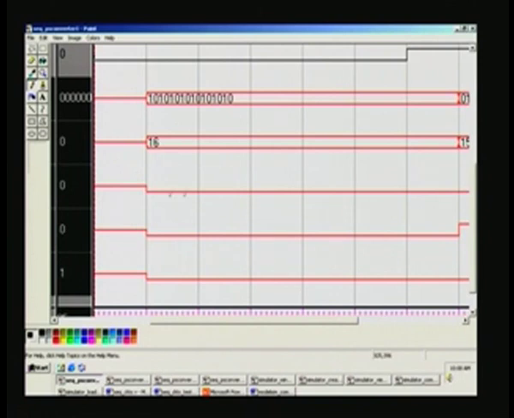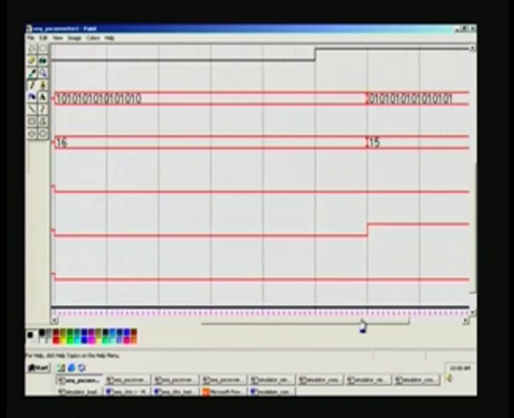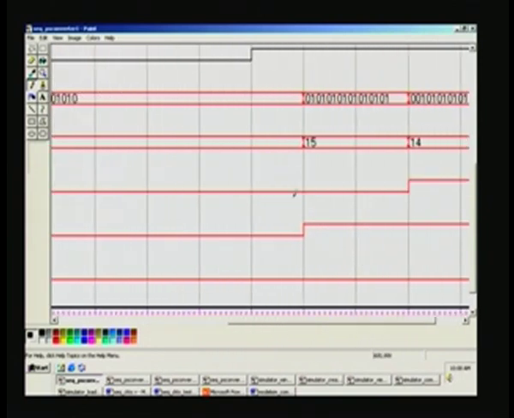So, all of them are 0 and right here you get the very first bit, and that is the first bit here, and the next bit is 1 and that is what is here.